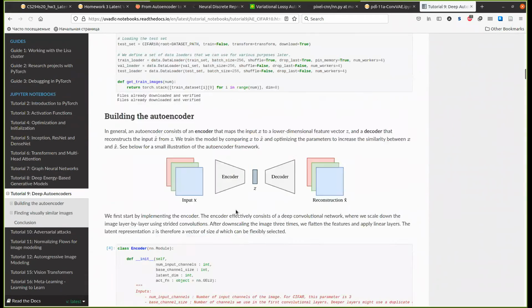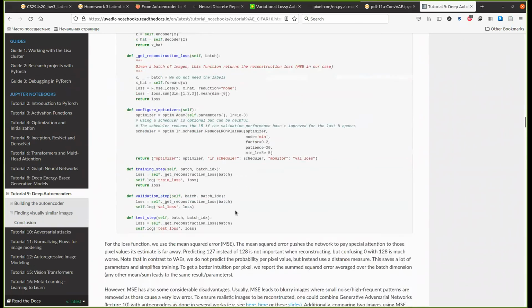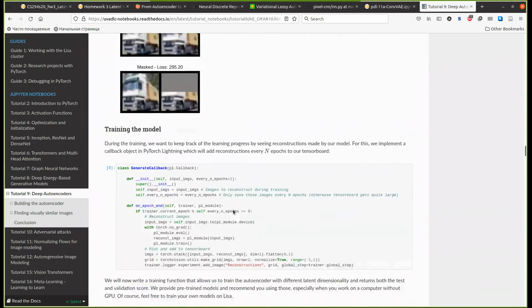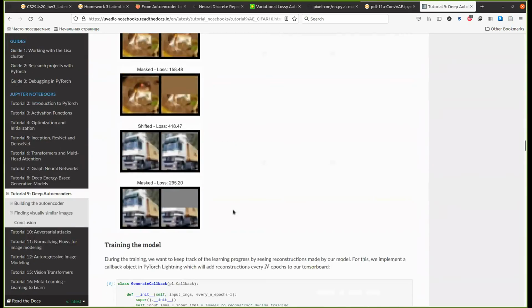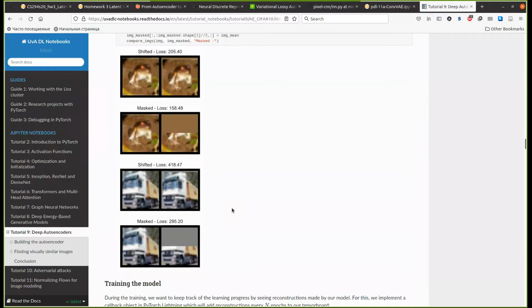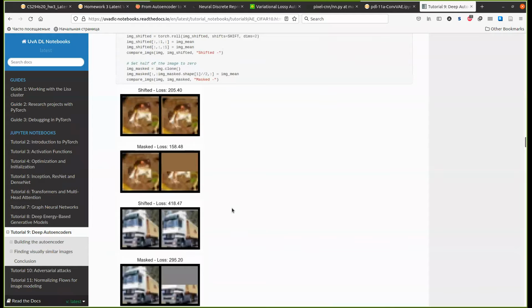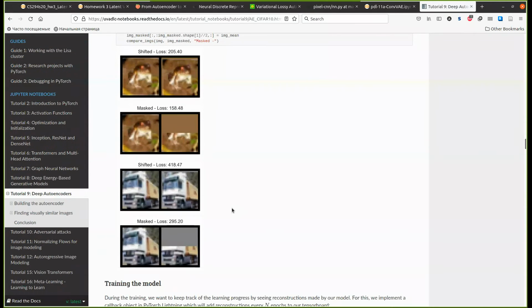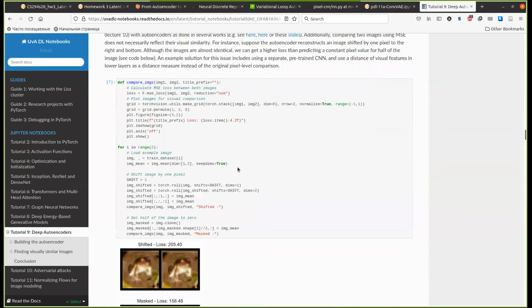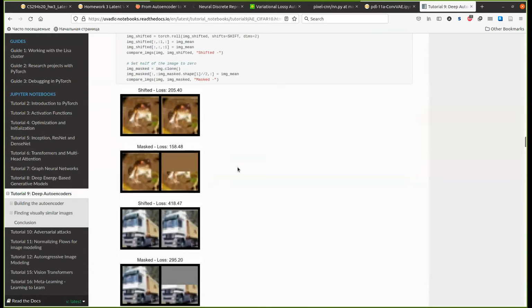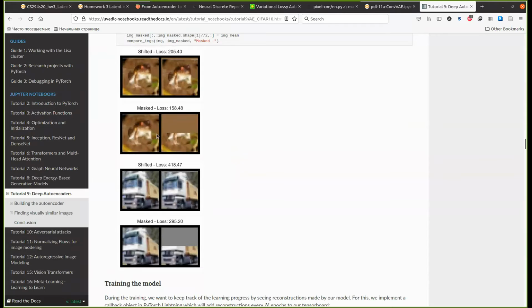So here, this is a tutorial notebook from the deep learning course from the University of Amsterdam. And here is an example of failure of the mean squared error on certain images. Have a look.